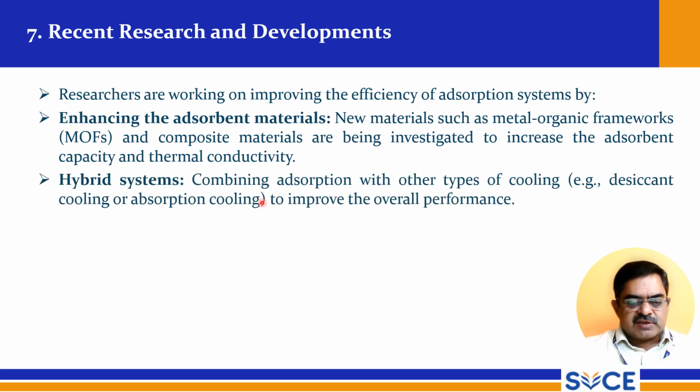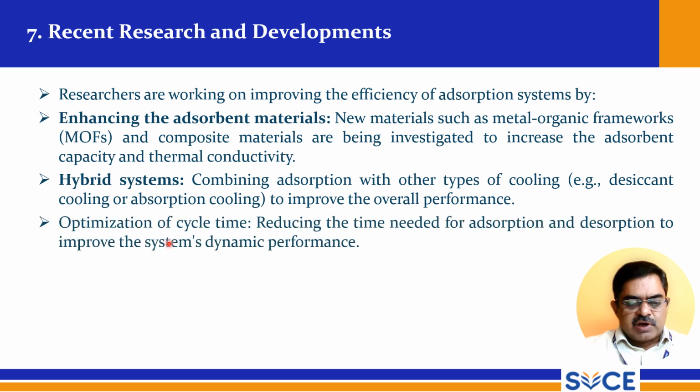Hybrid systems, such as combining absorption and other types of cooling, that is desiccant cooling or absorption cooling, to improve the overall performance. Optimization of cycle time, reducing the time needed for absorption and desorption to improve the system's dynamic performance.